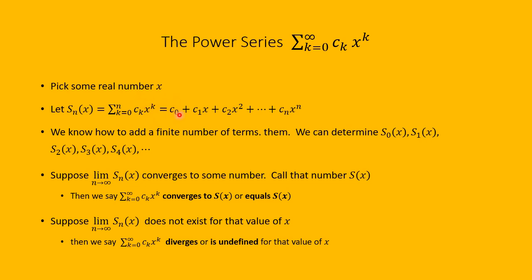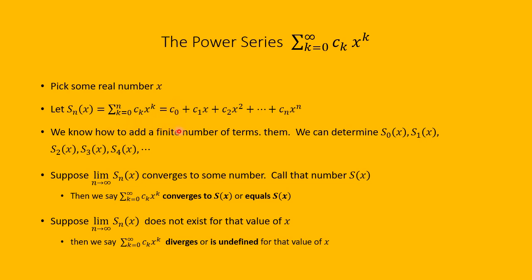We're not going to get into arguments about 0 to the 0 being undefined. You can think of this as being the definition of this partial sum, where the 0th term just gives us c naught, no matter what the value of x is.